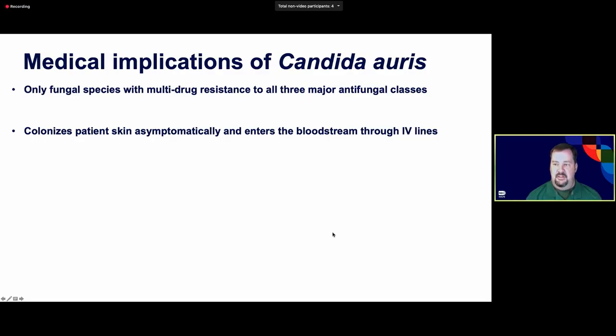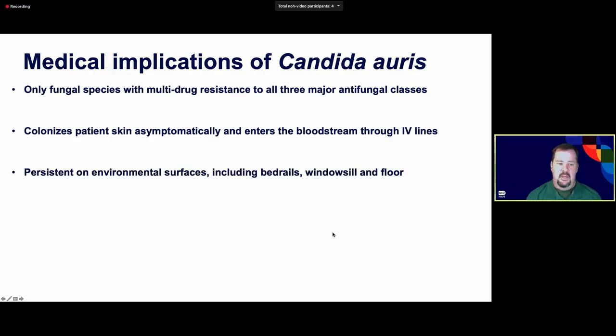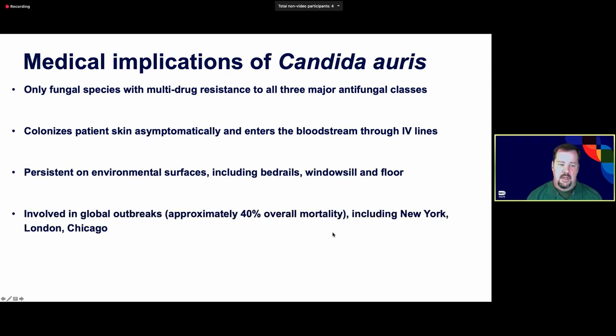And this is particularly true in patients that have other comorbidities like diabetes or obesity or being bedridden. They can persist on environmental surfaces, including bed rails and windowsills. And they're causing outbreaks in very vulnerable populations, things like long-term care facilities and nursing homes.